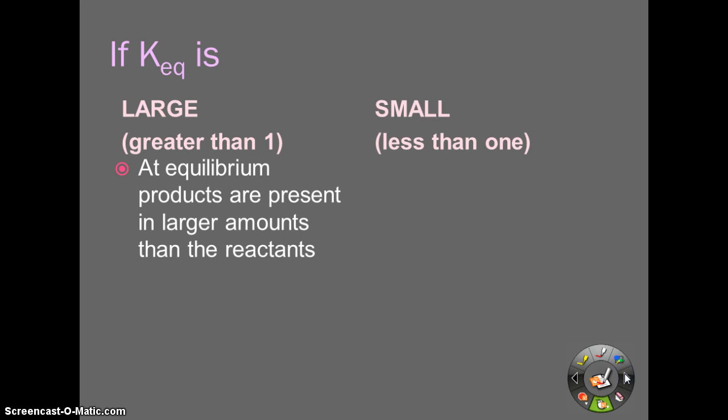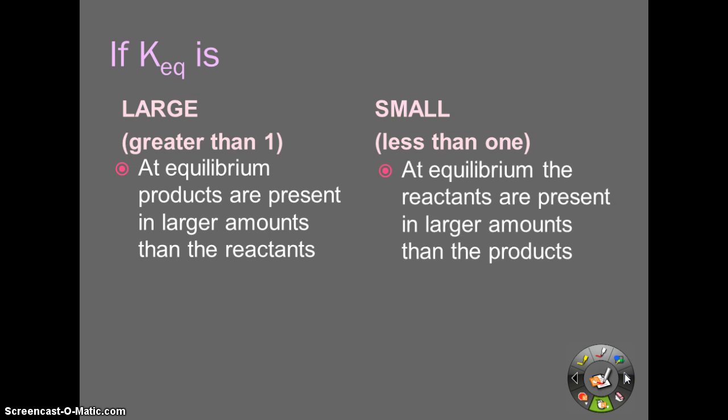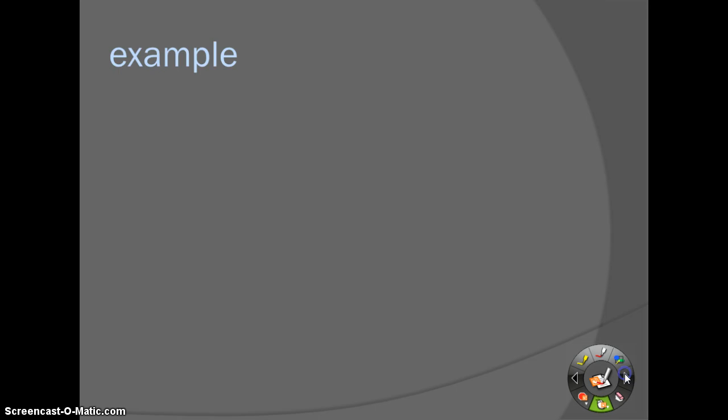If your Keq is small, or less than 1, that would mean your numerator is smaller than your denominator, and in the denominator we have our reactants, I'm sorry. So you would get more reactant than product, and that is not a favorable Keq. Typically your goal is to get more product.